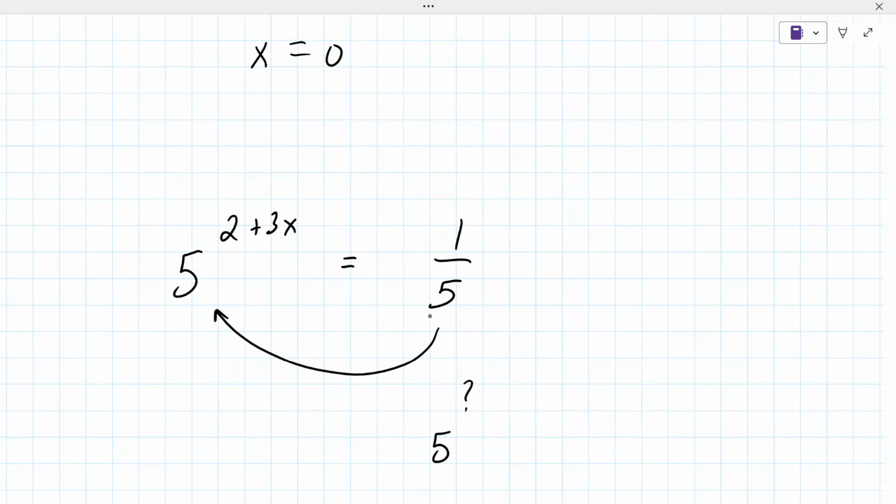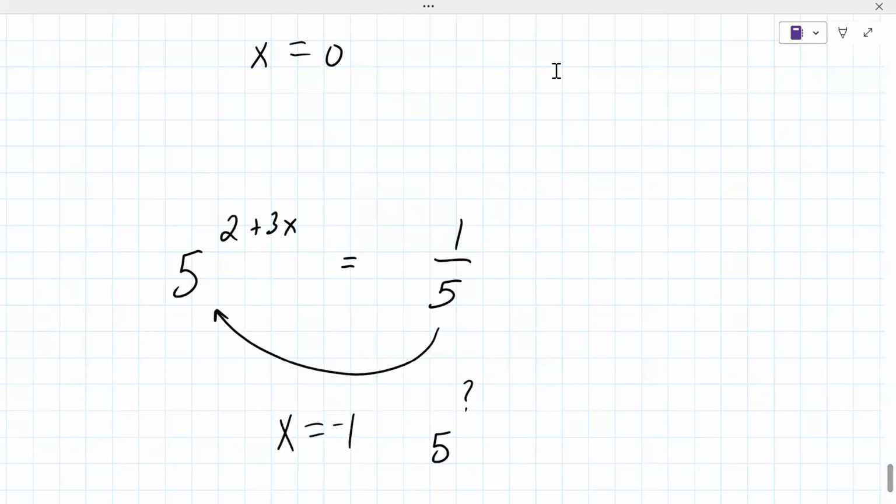So 5 to the negative 1, and then solve it. X equals negative 1. X equals -1. All right.